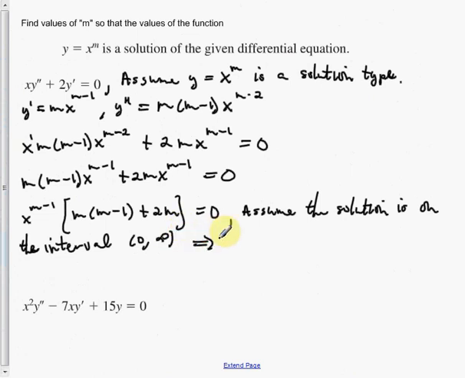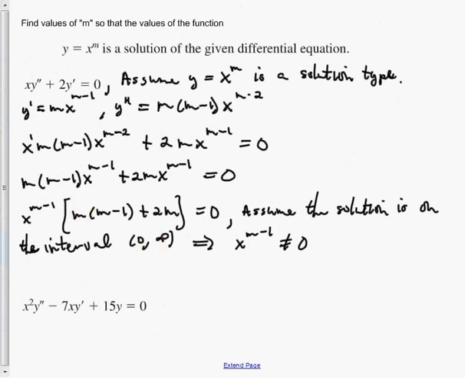Well, this would imply then that x to the m minus 1 is not equal to 0. Because from there you would just get x equal to 0, but if I assume that the solution is on the open interval from 0 to positive infinity, that means that we're not including 0.